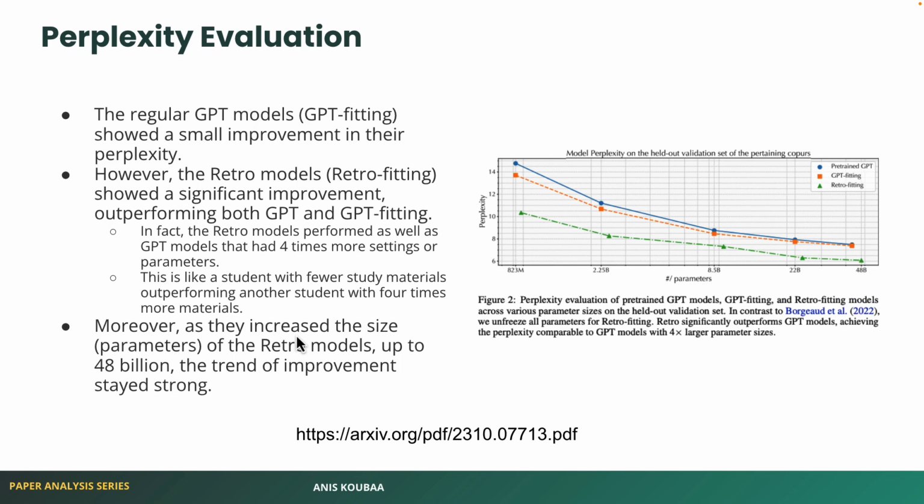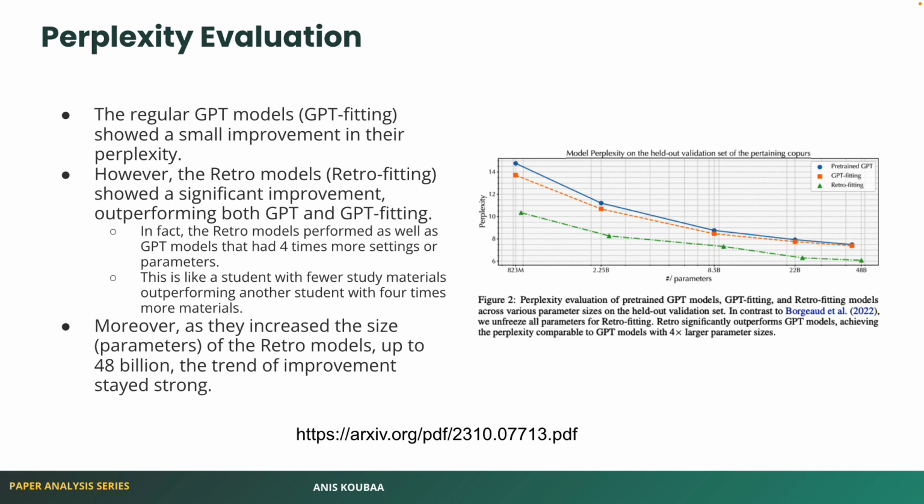And of course, the lower the perplexity, the better the quality of the prediction is. However, the Retro model, which uses the retrieval system, showed a significant improvement and outperformed both GPT and GPT fitting. And they have also observed that the Retro models even outperformed GPT models that are 4 times bigger in settings and parameters. So this is like having a student with fewer study materials outperforming another student with 4 times more materials.